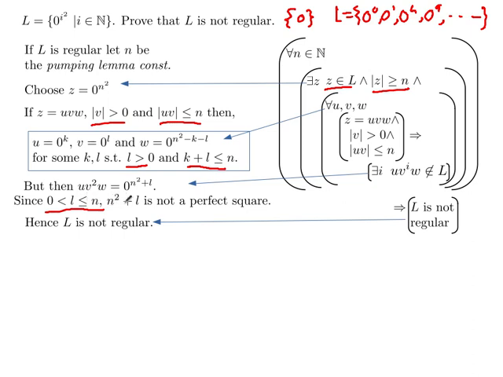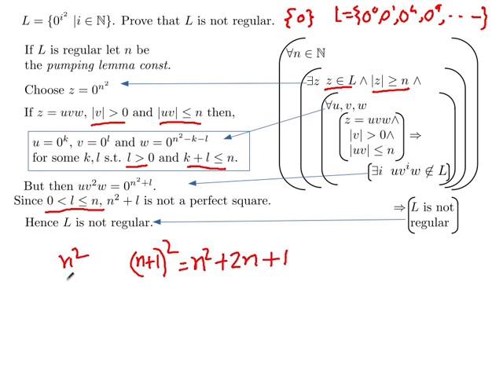So this n square plus L, you see that it's not a perfect square because you have n square, and what is the next perfect square? It's n plus 1 whole square, right? So it's n square plus 2n plus 1.